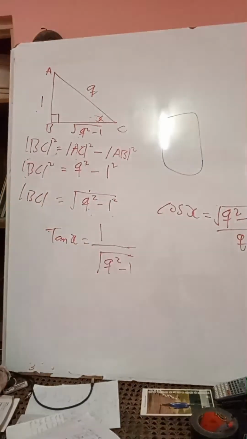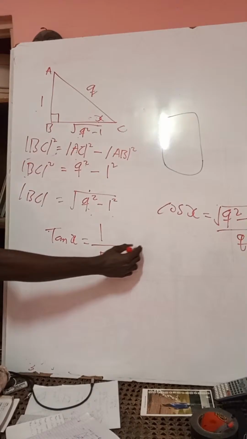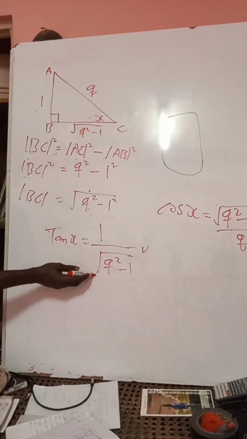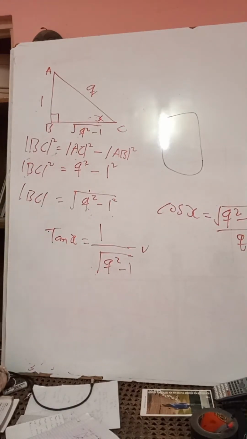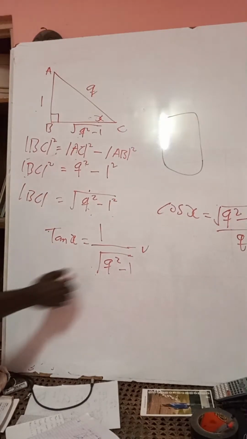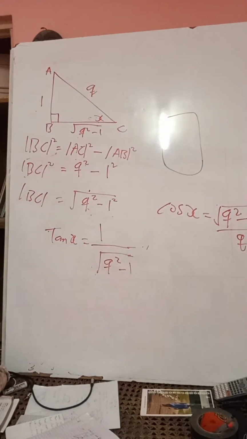So this is going to be our answer for both. This is 1, this is 1. You can rationalize this one by multiplying both sides by the denominator. That's all. Please, I hope the explanation is clear.